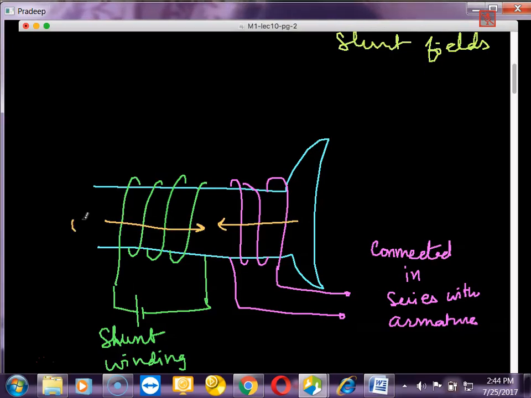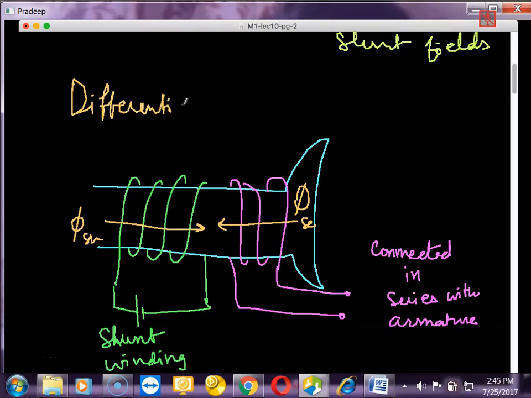So this is flux due to the shunt field and this is flux due to the series field. Therefore the resultant flux will be whichever is higher, but this particular connection will reduce the flux. So this is called a differentially compound connection.